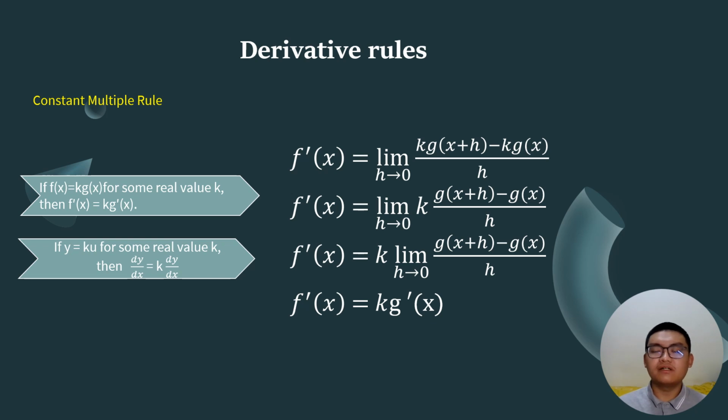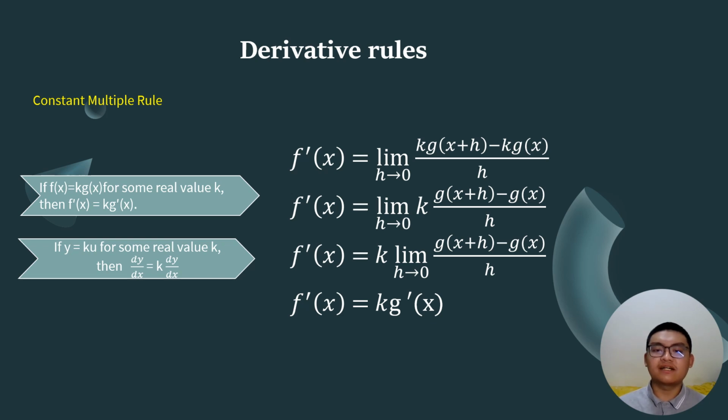We start with the limit definition. f prime of x equals the limit as h approaches 0 of the fraction k times g of x plus h minus k times g of x over h. So we can factor out the constant k from the numerator. f prime of x equals the limit as h approaches 0 of k times the function g of x plus h minus g of x over h.